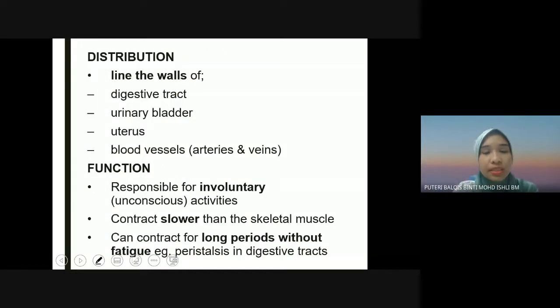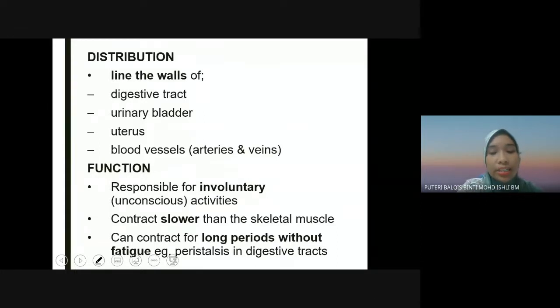Okay, the distribution: lines the walls of digestive tract, urinary bladder, uterus, and the blood vessel. So the function is responsible for involuntary activities. Activities yang kita tak control. It contracts slower than skeletal muscle, and it can contract for a long period without fatigue.